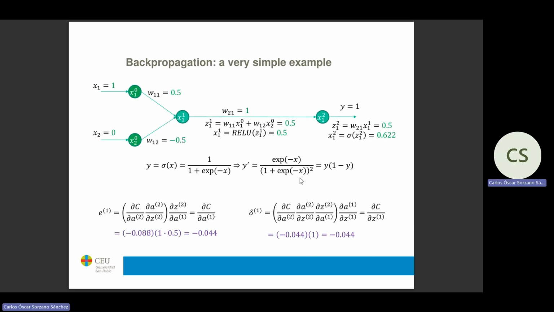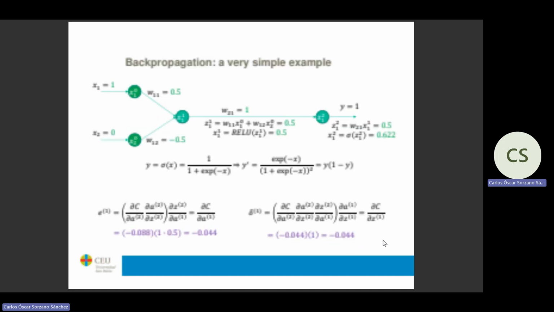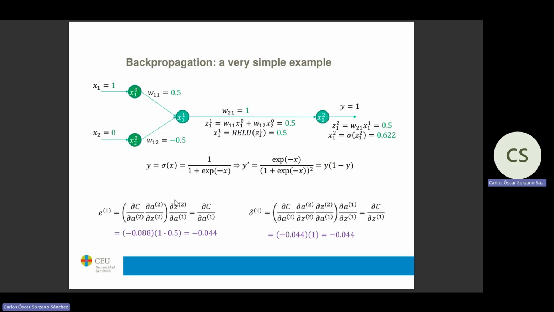Very good. Now let's compute E1 and delta 1. So E1 is this one, but this one is delta 2. So this is delta 2 times this derivative. And this derivative is the derivative of the combination here with respect to the activation in the previous layer.